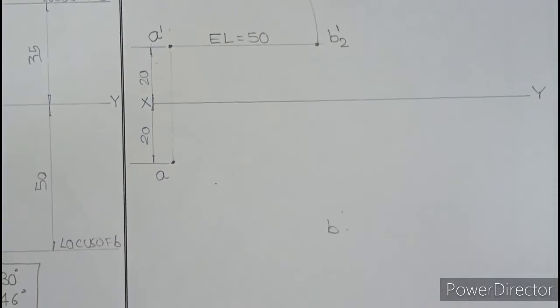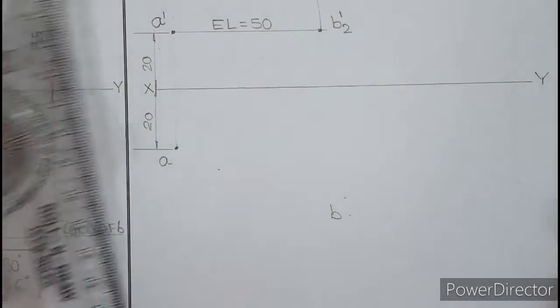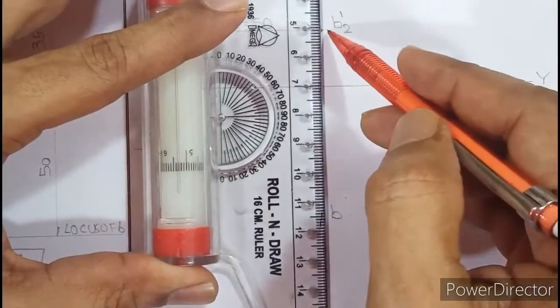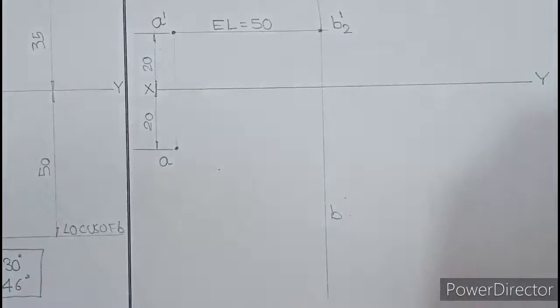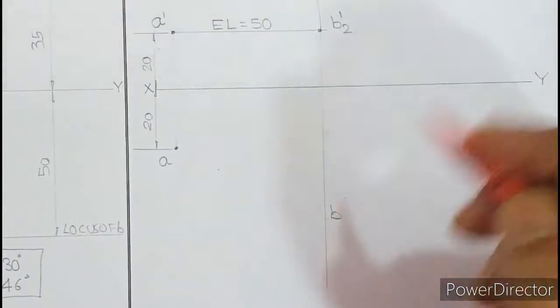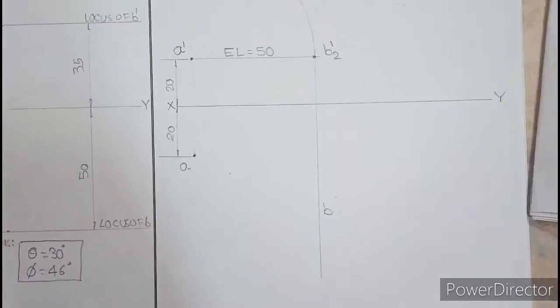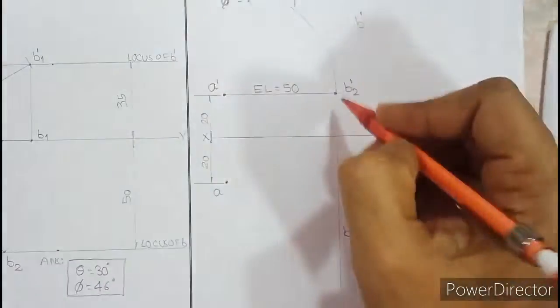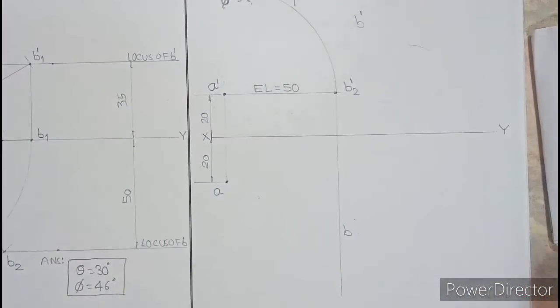I can align the scale with the line, and from B2 dash I can project it down to cut the locus of B. Why do I project it down? Because I am assuming B in the first quadrant, so B will lie down. So that is what I have done: I have rotated upward and projected downward.